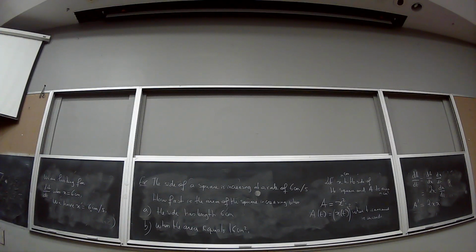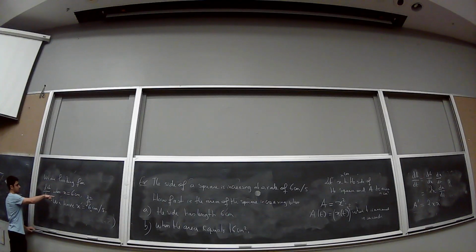x prime is dx by dt, let's say, right? This is also equal to dx by dt. What is A? What is dA by dt? Yes? 72. 72, how did you get this? Exactly.